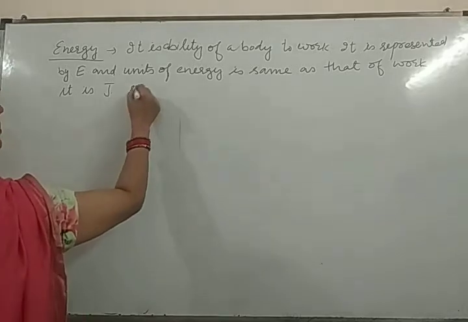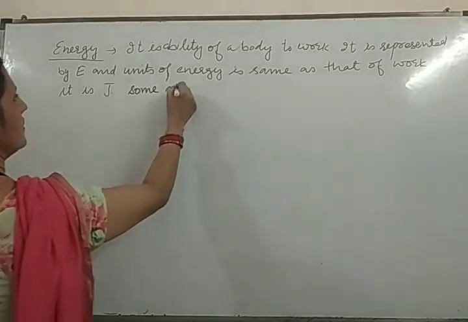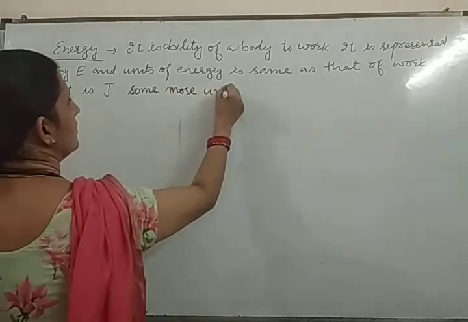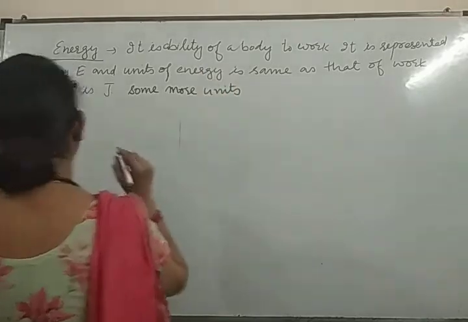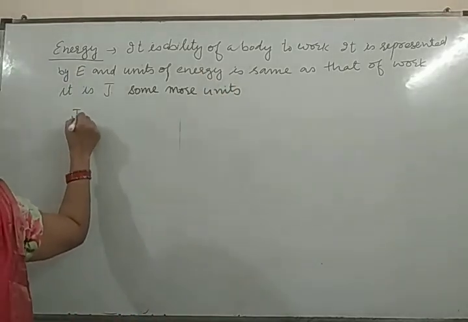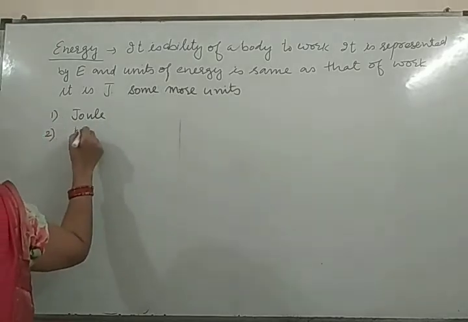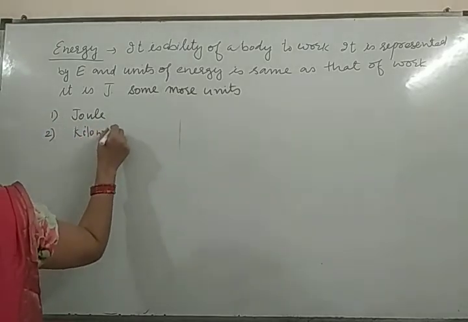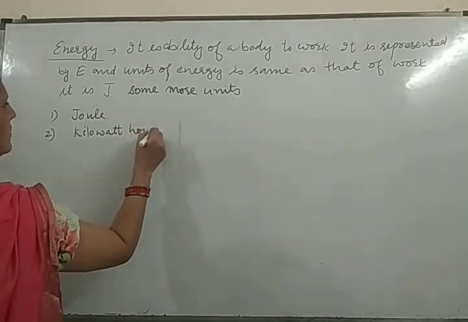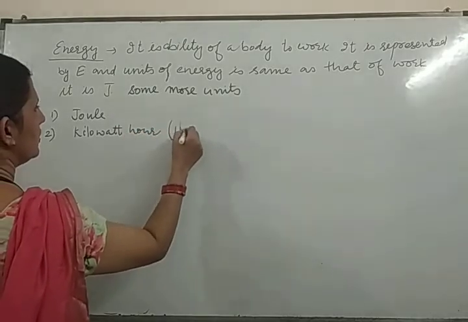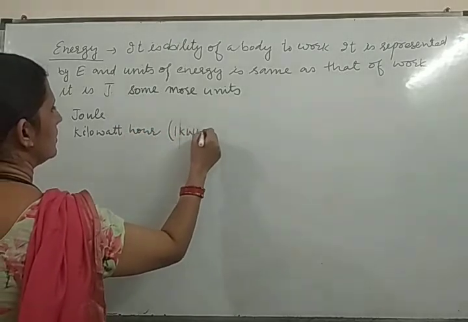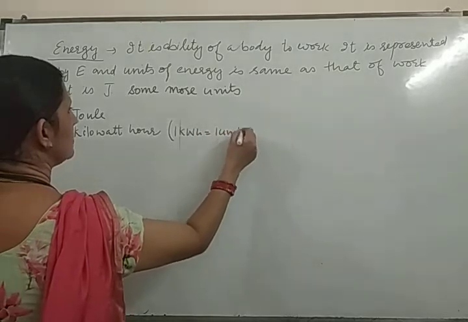Some more units are there which we use for different purposes. One unit is joule, second unit is kilowatt hour, that is 1 kilowatt hour is equal to 1 unit.